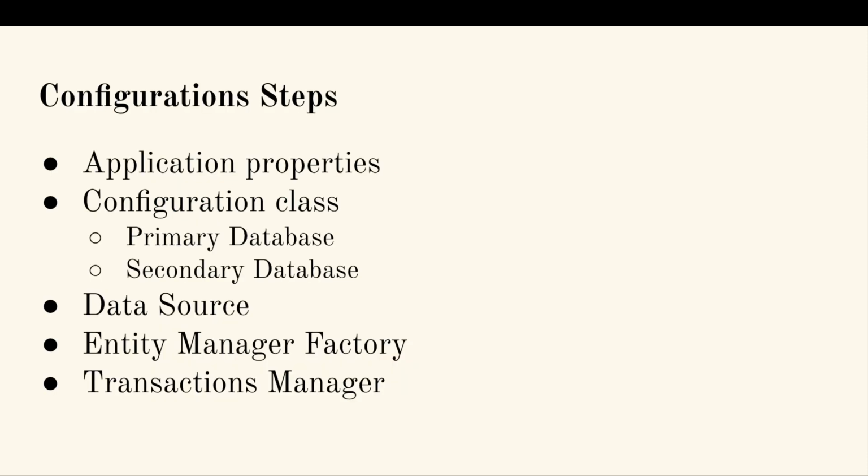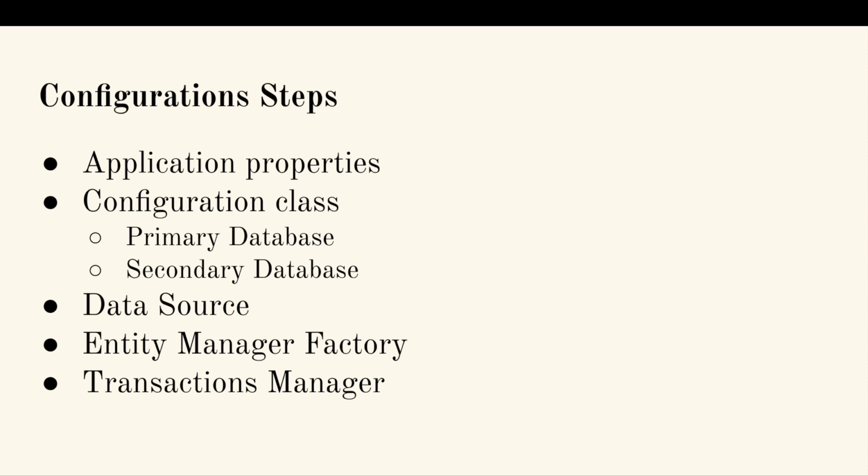The steps we'll be taking to connect multiple databases are: we'll have to give the database properties in the application.properties file, and we'll have to write the configuration class. Let's say the first database is a primary database and the second database is a secondary database.